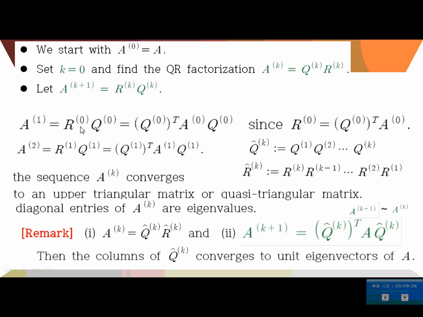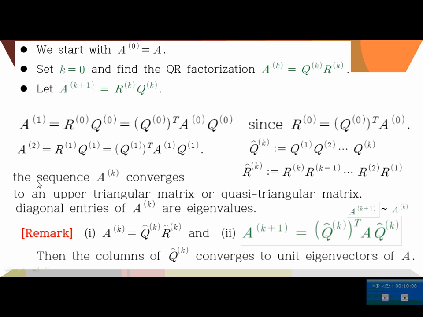Then we can find the QR decomposition of A_1 as Q_1 and R_1. Then rewrite, change the position as R_1 and Q_1, and rename it as A_2. Since R_1 is equal to Q_1 transpose A_1, this can be written in this way. So A_2 is similar to A_1 with an orthogonal matrix.